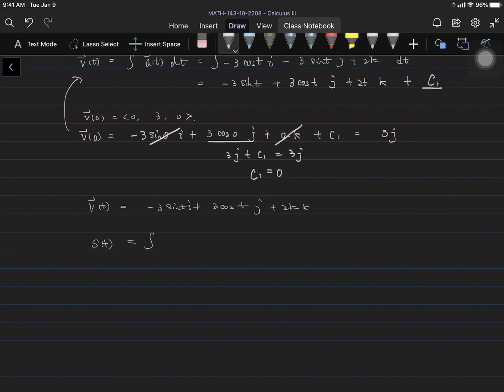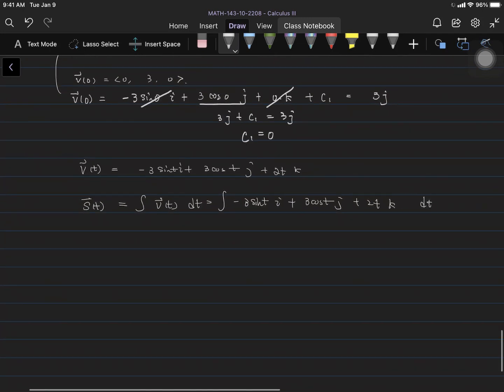So we want to find the integral of v(t) dt. The integral of negative 3 sine t i, 3 cosine t j, 2t k, dt.